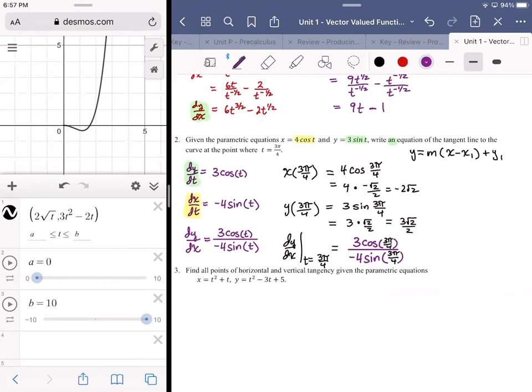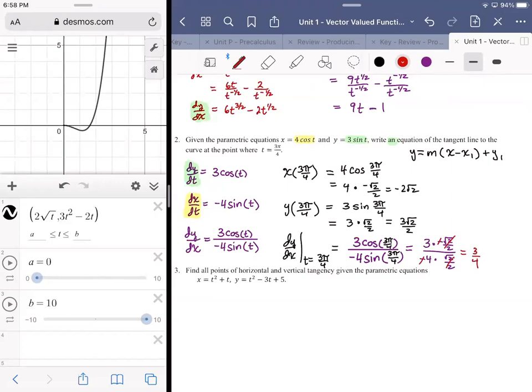Then you don't really have to do a whole heck of a lot here. But I'm just going to assume that not everybody is unit circle ready at the moment. So we just kind of do it the old-fashioned way. So 3 times negative radical 2 over 2 over negative 4 times positive radical 2 over 2. Kill the negatives, kill the rad 2 over 2s, and get a clean 3/4.